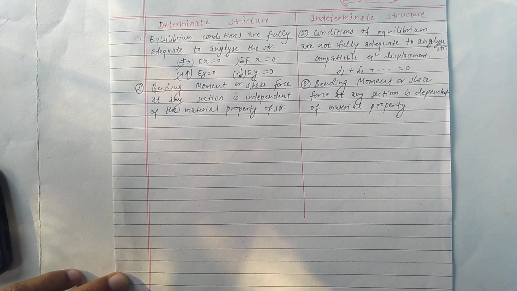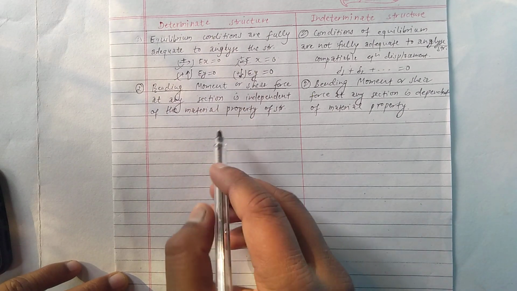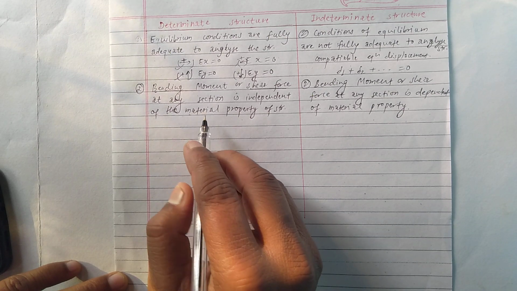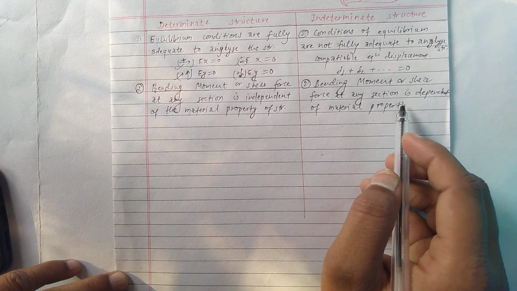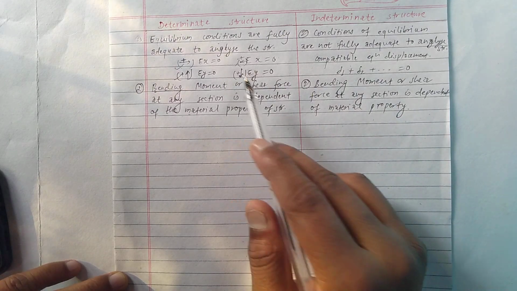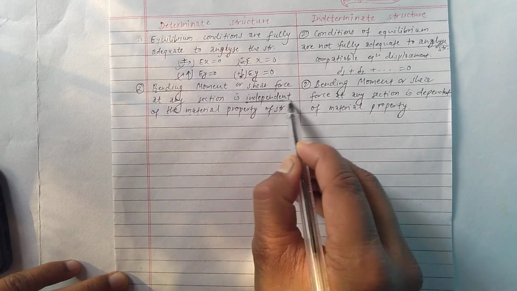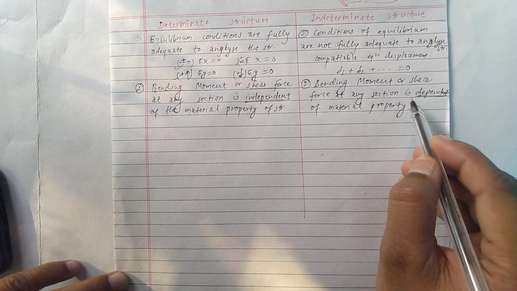So this is the second main point. In indeterminate structures the bending moment and shear force depend upon the material property, but in determinate structures they are independent. So these two terms you need to understand.